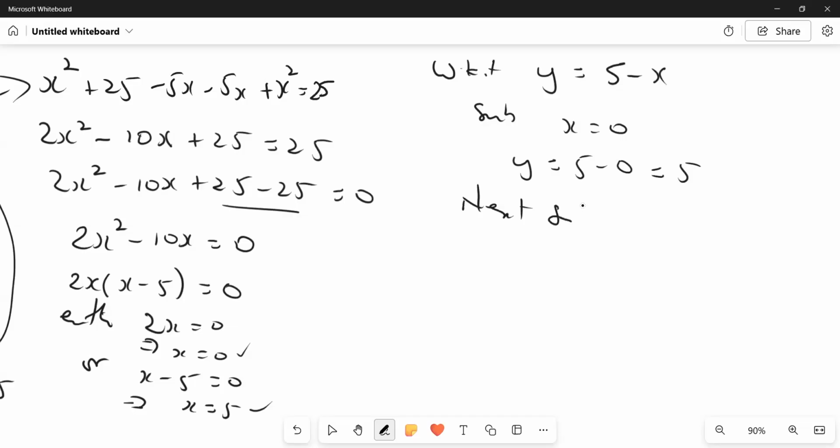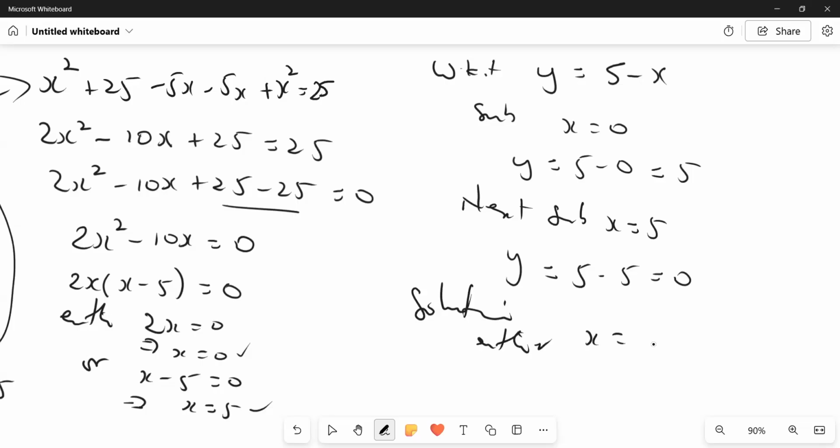Next, substitute x equals 5. Y then will be equal to 5 minus 5, equals 0. So your solution is either x equals 0, y equals 5, or x equals 5, y equals 0.